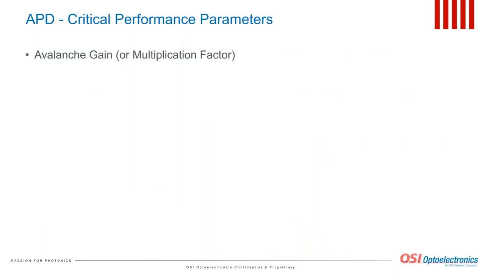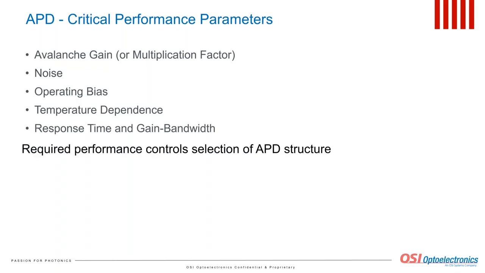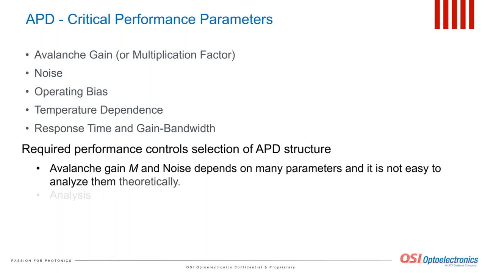Among the most important parameters of any APD are avalanche gain or multiplication factor, noise, operating bias, temperature dependence of parameters, response time, and gain bandwidth. Depending on the required performance, one can select the optimal APD structure.